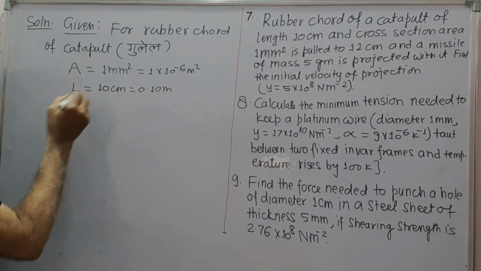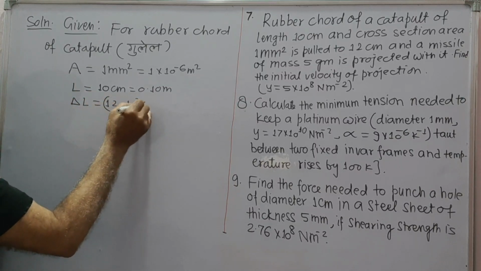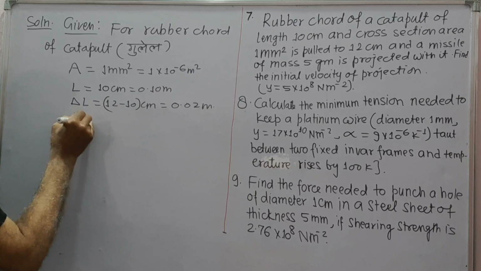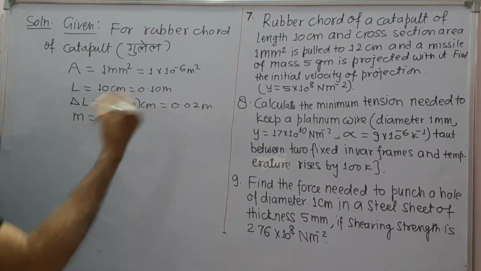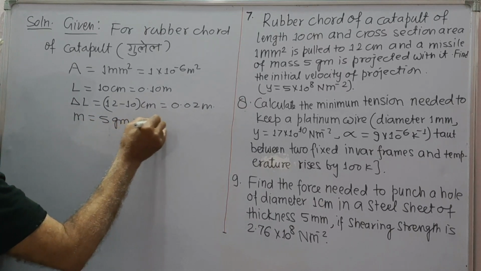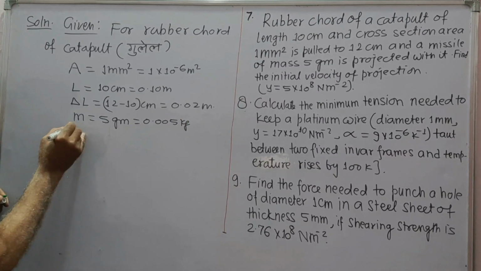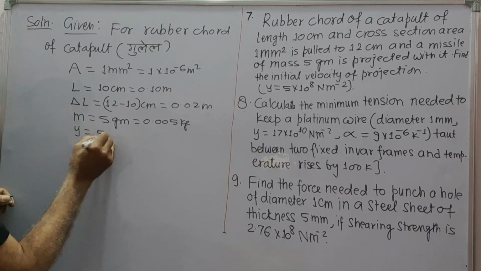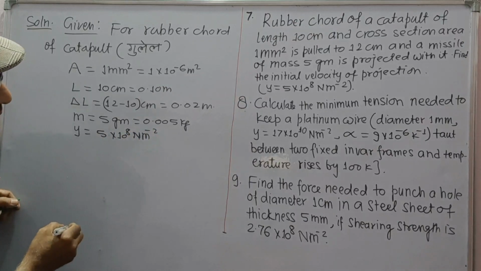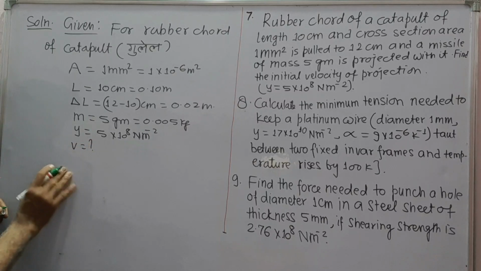Final length is 12 cm, therefore change in length will be 12 minus 10 cm, that is 0.02 meter. Mass of projected missile, which may be stone, is 5 gram, which is 0.005 kilogram. Young's modulus is 5 into 10 to power 8 Newton per meter square for rubber. We have to find velocity of projection.